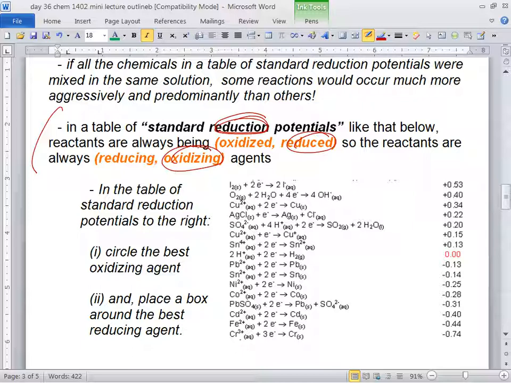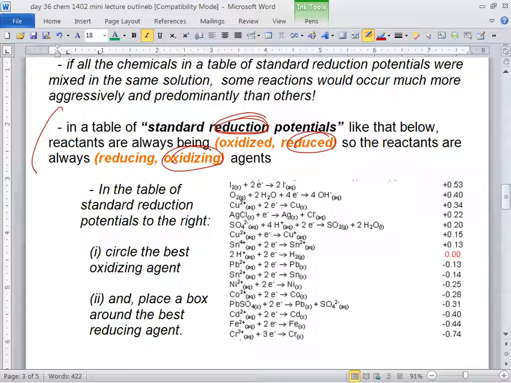So that means you better not pick anything on the product side, because all those are getting oxidized. So everything on the product side are what agents? Reducing agents. So for question 2, circling the best reducing agent, you're going to be circling a product. But for question 1, circling the best oxidizing agent, you better be circling one of these reactants.